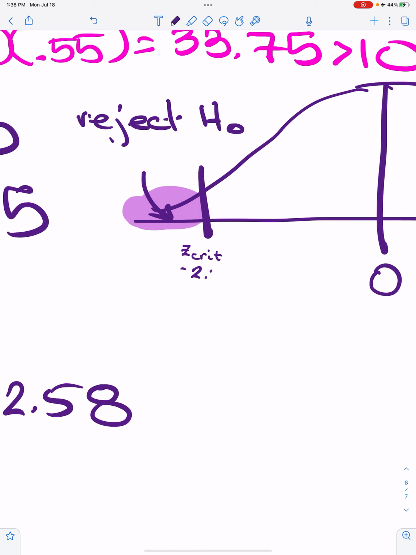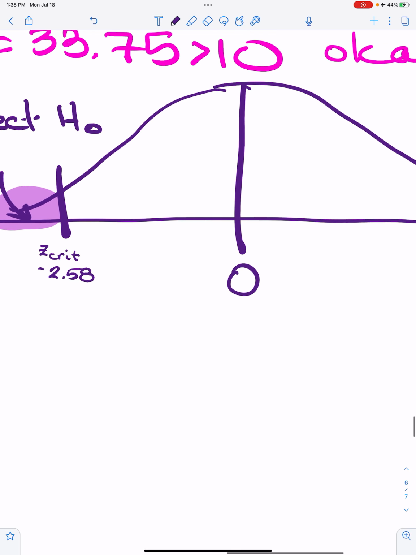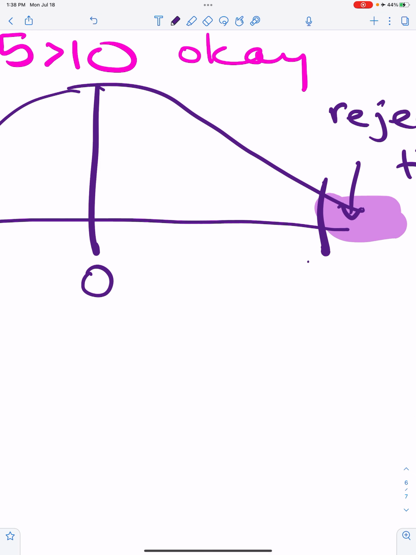So I know my cutoff value here is negative 2.58, but I know my normal distribution is symmetric. So I know that up here, it's positive 2.58.